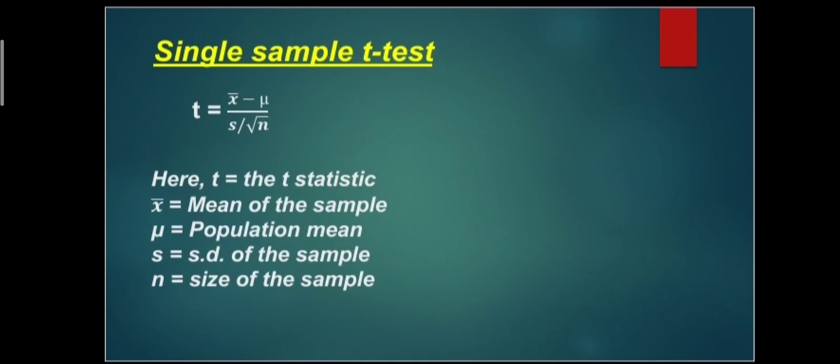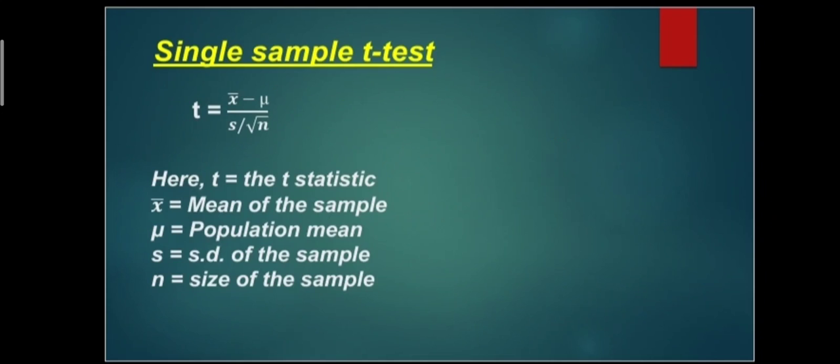Whatever sample is given, that sample will be used for calculating its mean value, and there will be a hypothetical or a population mean, which will be indicated by mu. That value will also be given.